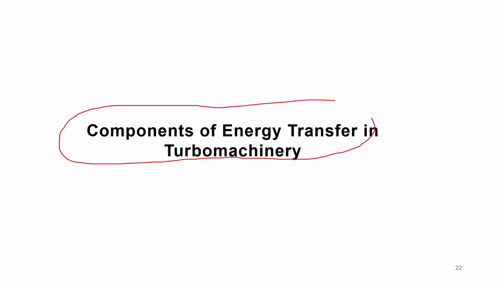Now let's talk about the components of energy transfer in turbomachines. So right now we have known about the typical Euler equation for a rotor of a turbomachine. We have then talked about the Euler equation of axial flow machines, and then we talked about the Euler equation of mixed and radial flow machines.